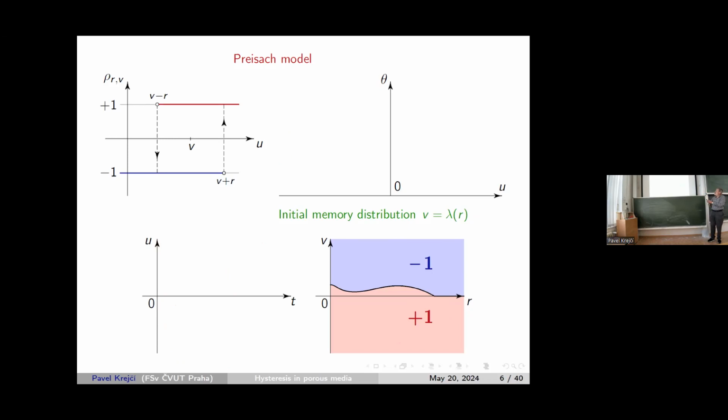Okay, so we switch on u, and u starts decreasing. Now, when u decreases, the switches that were -1 remain -1. But the switches that were +1, some of them switch to -1. Which ones? Exactly the ones for which u equals v minus r, or v equals u plus r, right?